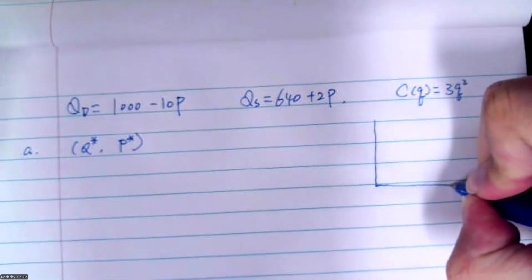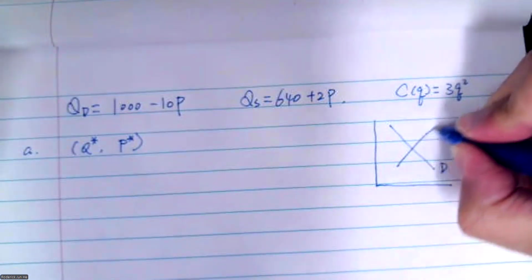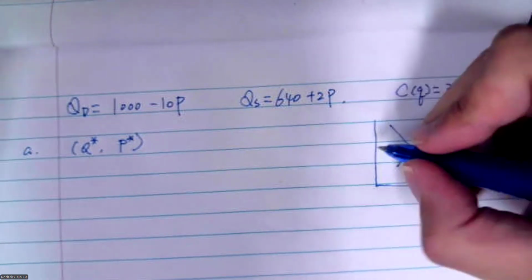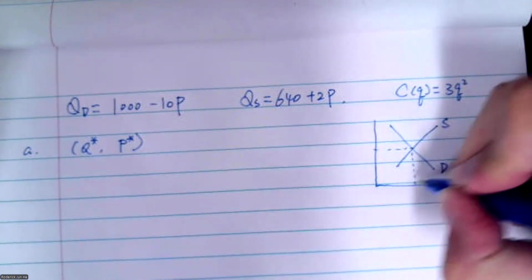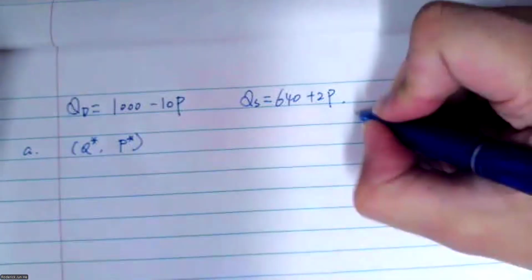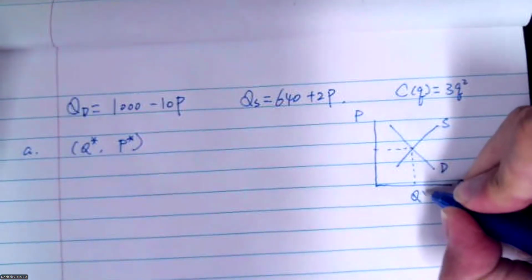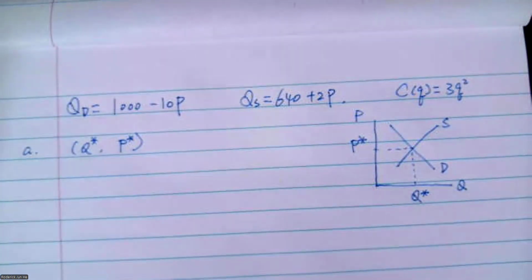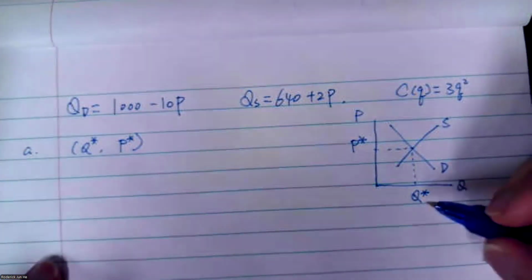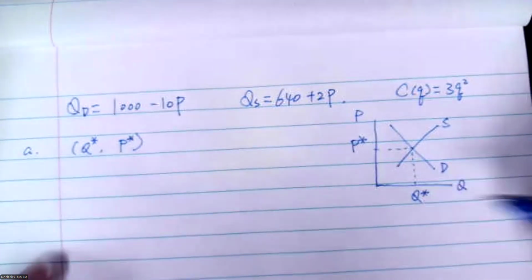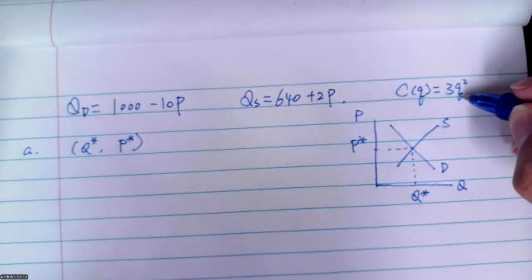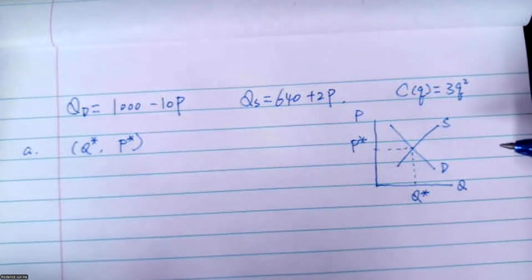We have the demand, which is downward sloping, the slope is minus 10. We have a supply, upward sloping, the slope is positive 2. Here we are to find the market equilibrium quantity and price. Note that for the market I used capital Q, and for an individual firm I use the lowercase q to distinguish.